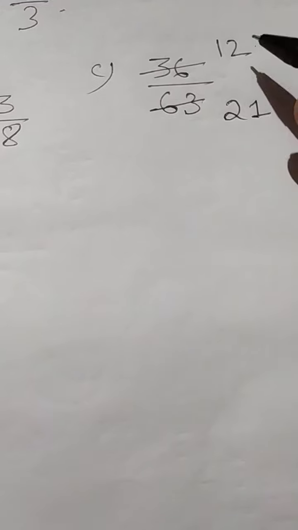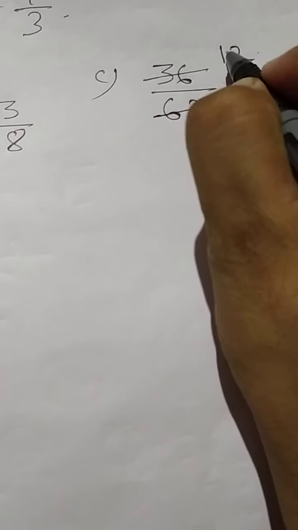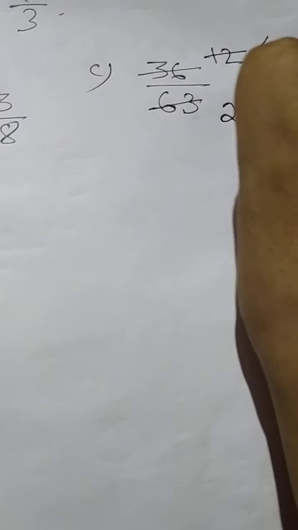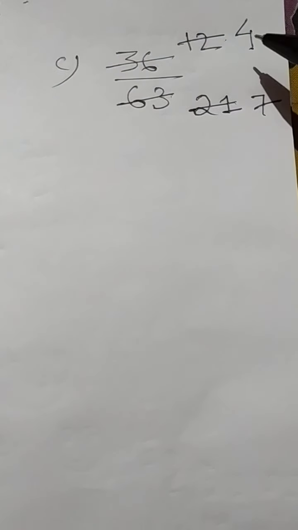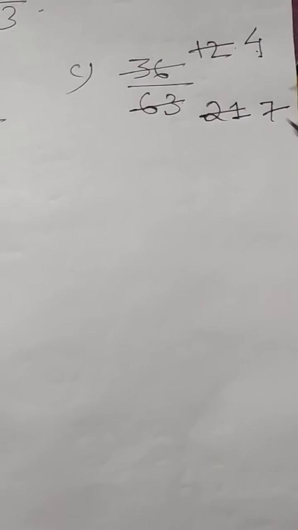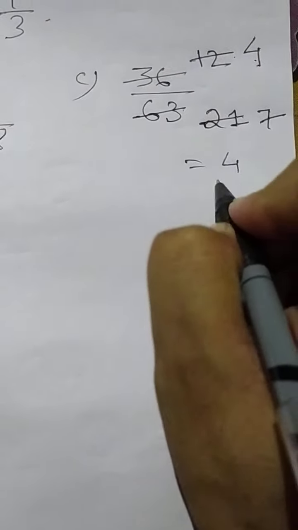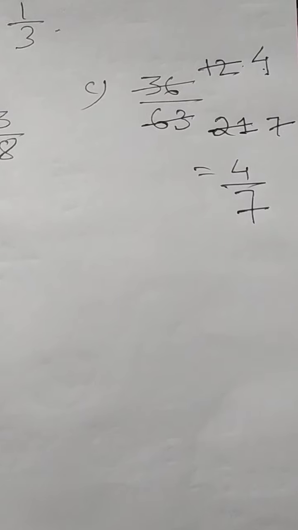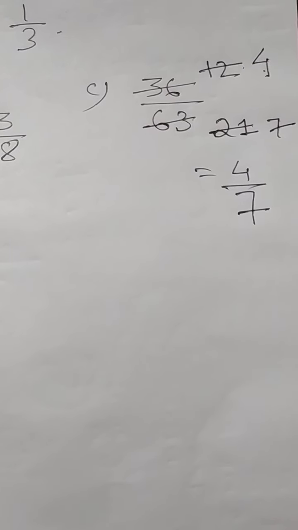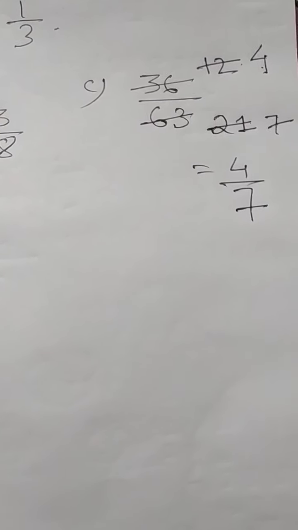Again 12 and 21 we can cancel with 3. 3 4s are 12 and 3 7s are 21. Now 4 and 7 we cannot cancel. This is the lowest term. So your answer is 4 by 7. So this is the way you have to cancel. Okay, I hope it is clear.